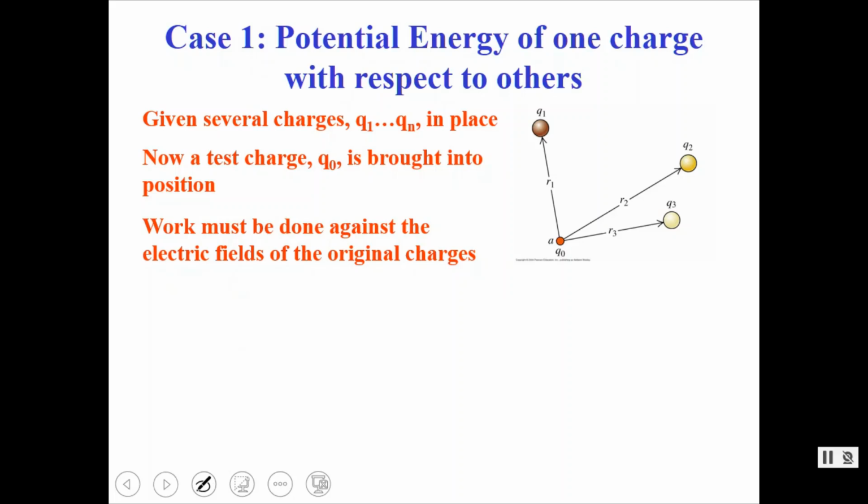In order to move Q0 into place, you'd have to do work related to each of those charges independently, either positive or negative based on Q1, Q2, and Q3. So you'd look at the interactions between each of those and essentially just use our point charge formula.